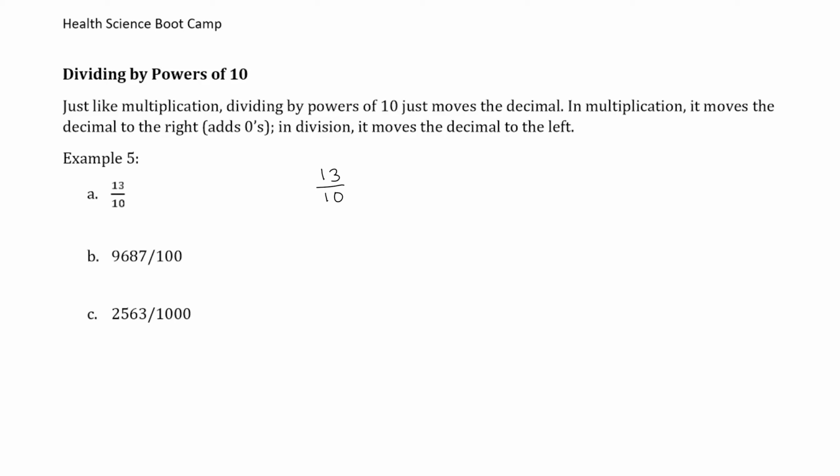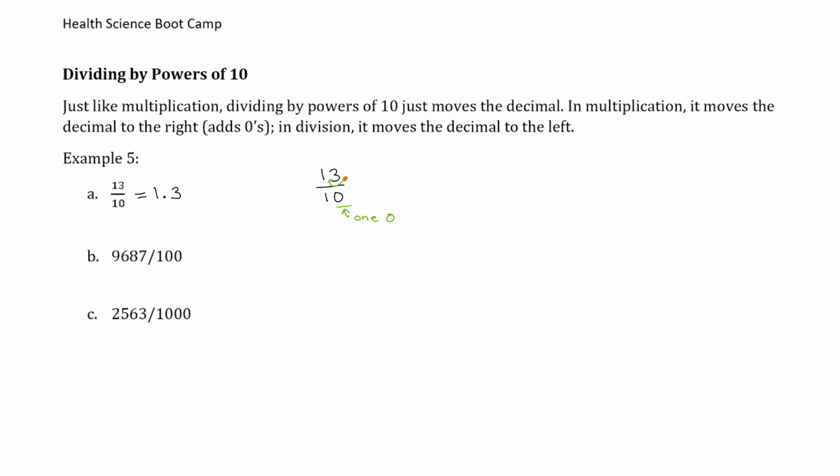So now 13, technically its decimal is right there to the right. Since I'm dividing by 10, and 10 has 1 0, I'll move my decimal 1 space to the left. My answer will be 1.3. That has to feel so refreshing after that last problem.